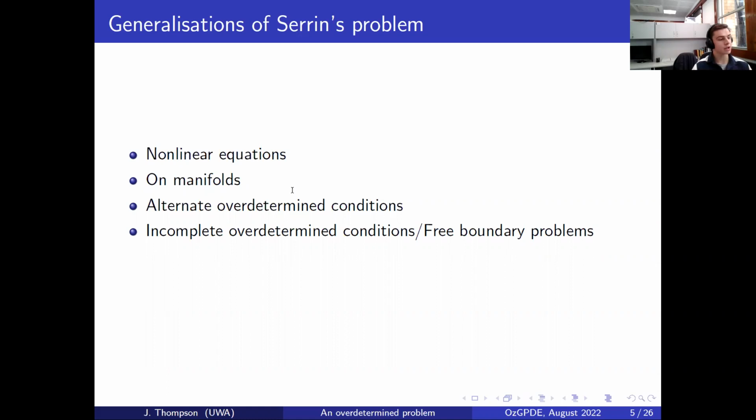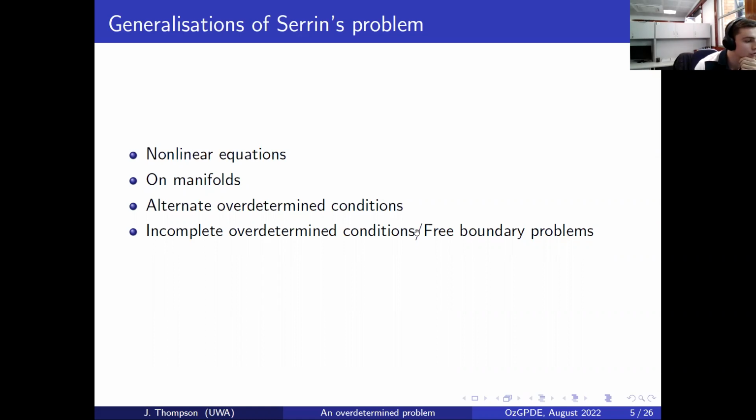In this situation, maybe we can't expect omega to be a ball because we've only imposed this condition on part of the boundary, but we could still say things about maybe the shape of omega, and about the regularity of the boundary where we've imposed this overdetermined condition.